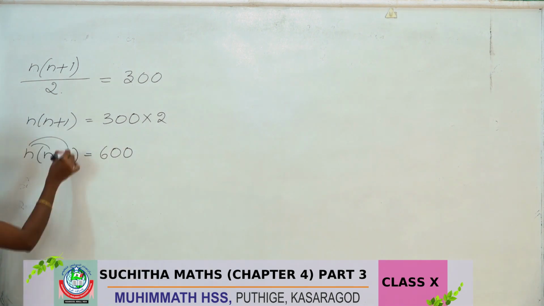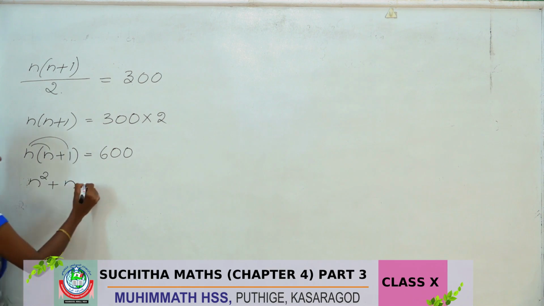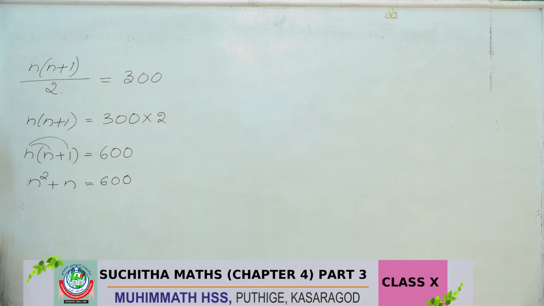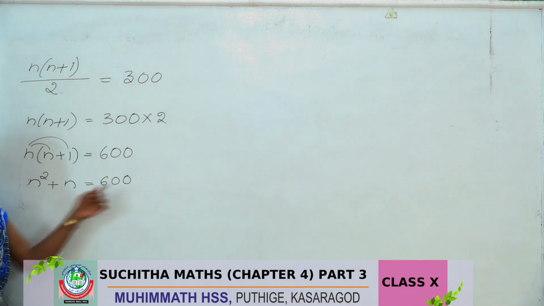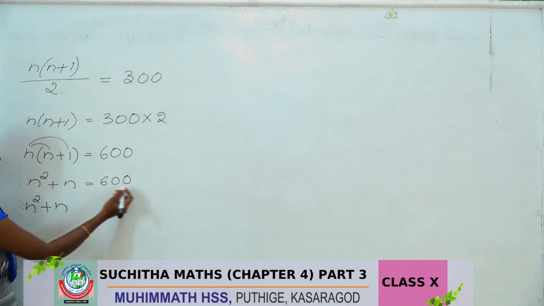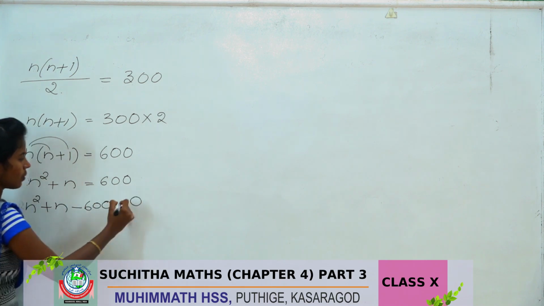Now multiply. n into n is n square, plus n into 1 is n, equal to 600. Now convert this into the form ax square plus bx plus c equal to 0. That is n square plus n minus 600 equal to 0.